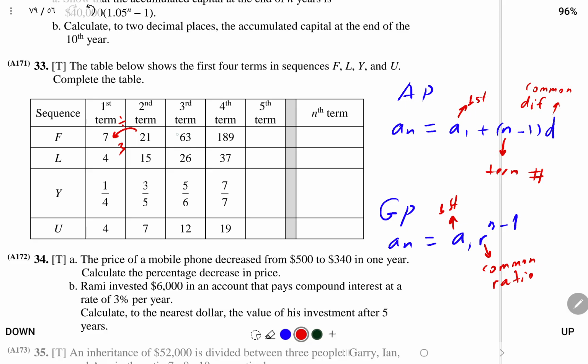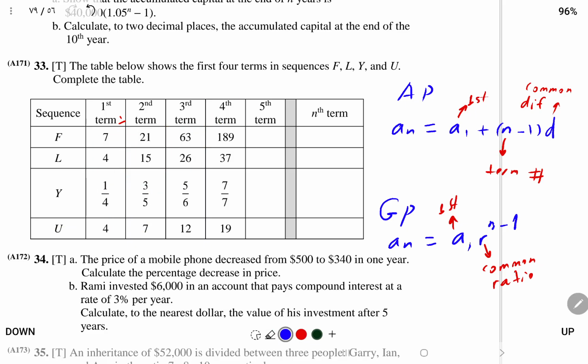And if you divide 63 by 21, you get 3. And if you divide 189 by 63, you get 3. This is called the common ratio, R. So this is the common ratio of the sequence. The common ratio is denoted by R.